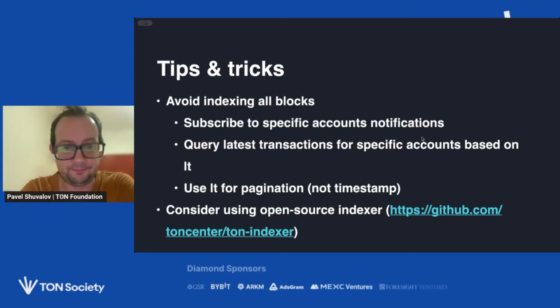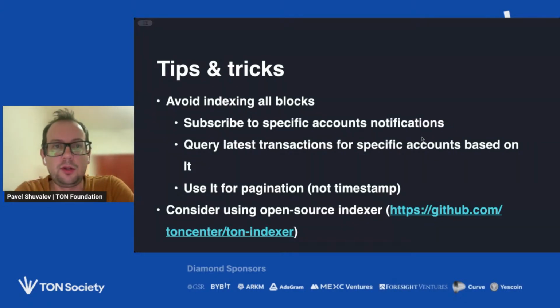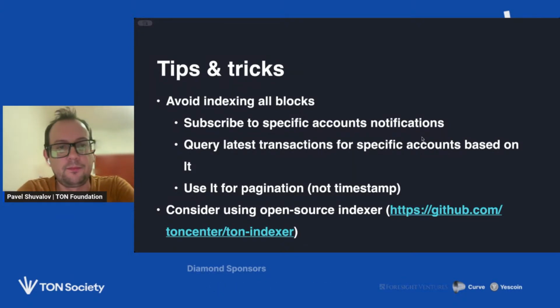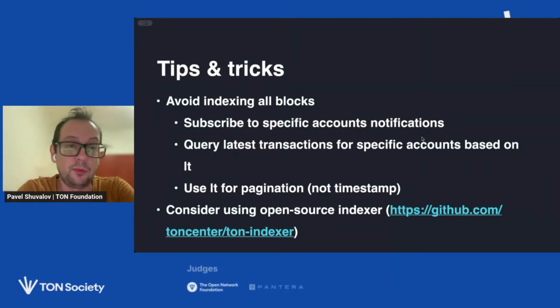Next, avoid indexing the full blockchain. Only in very limited cases is it required to index all blocks from a blockchain. Ton was designed to handle a very huge amount of transactions per second.